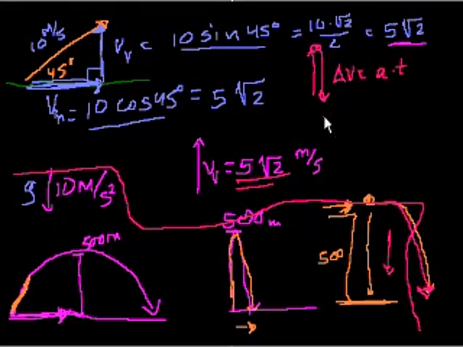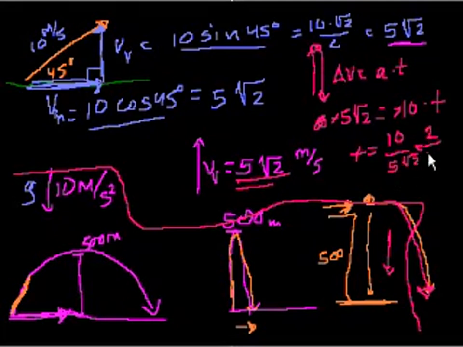It's the final velocity, 0, minus my initial velocity, 5√2, equal to the acceleration, 10 meters per second squared, and forgive me for not putting the units in right now because I'm running out of space, times time. If we solve for t, the negatives cancel out, the 0 doesn't matter, so t is equal to 10 over 5√2, which equals 2 over √2 seconds.